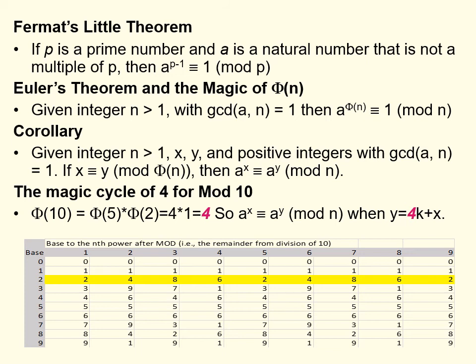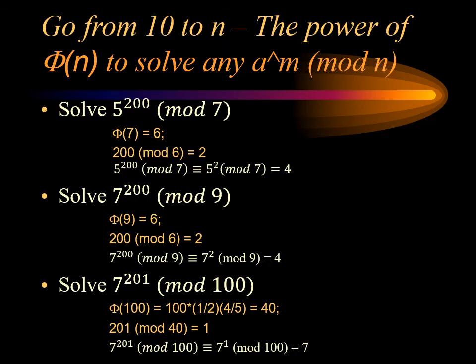So that's a very, very powerful thing, which means that in the future, any time they're looking for the last digit of a number, you know for sure that the cycle of 4 applies. And now we can use that to solve some more interesting questions that we just talked about earlier.